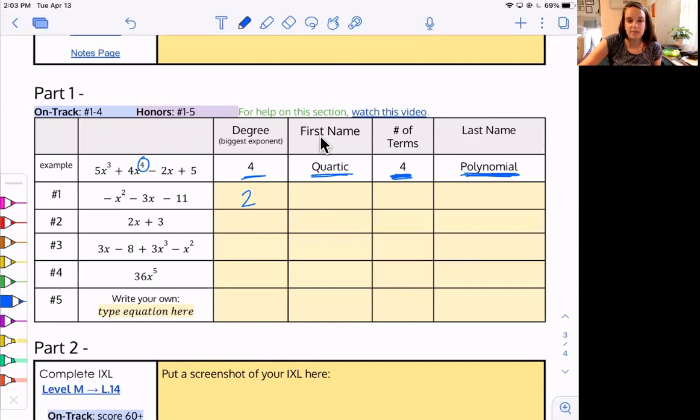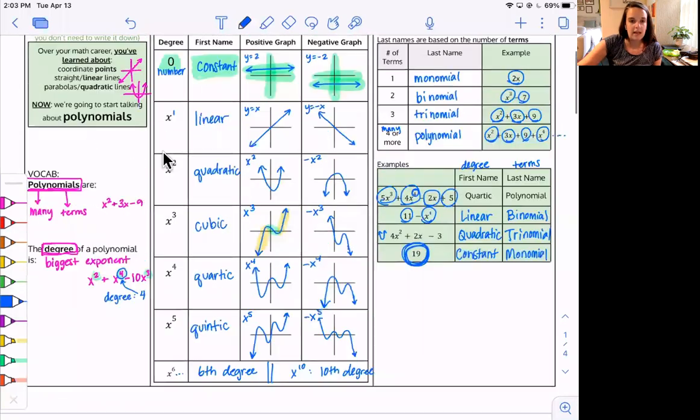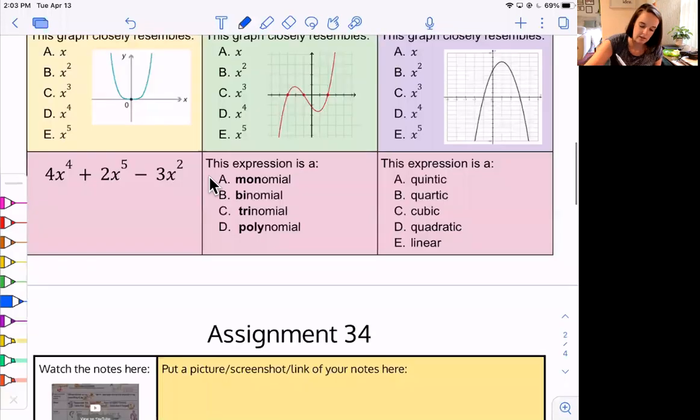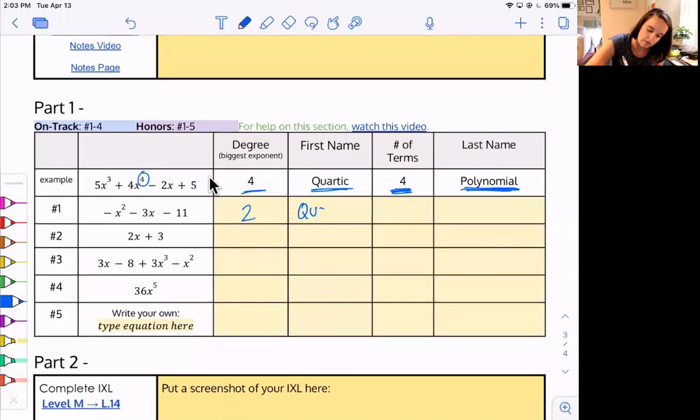So what does that mean its first name is? If I have x squared, I'm going to scroll back and look at my notes. x squared is quadratic. So I'm going to type in quadratic right here. All right, awesome. And then the number of terms, how many terms does this have? 1, 2, 3.